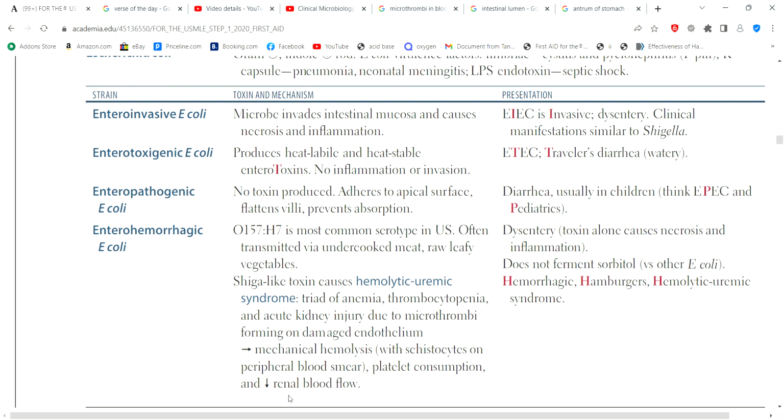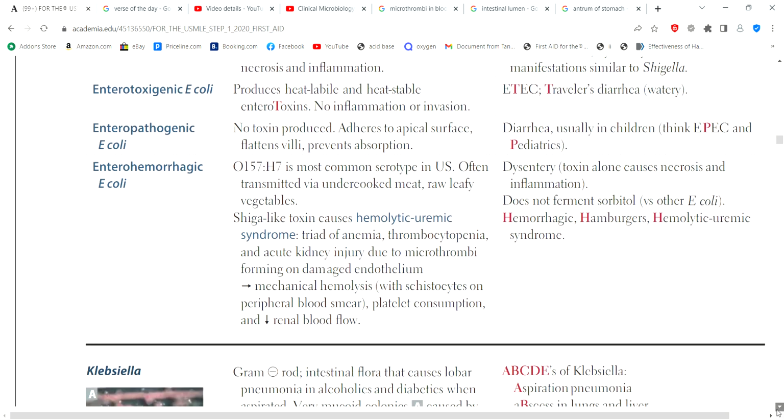So, enterohemorrhagic E. coli causes hemorrhage because it causes dysentery. So bloody diarrhea, you get it from hamburgers, and it produces hemolytic uremic syndrome. So you have to know there's a mechanical hemolysis here, because schistocytes are being made.